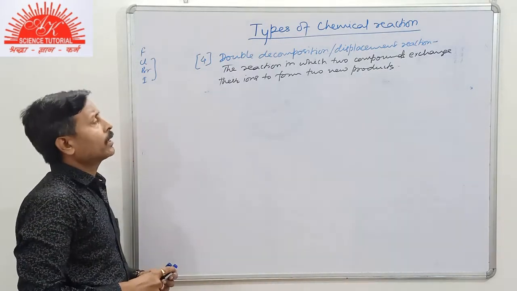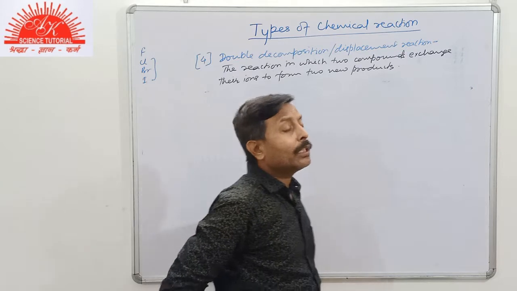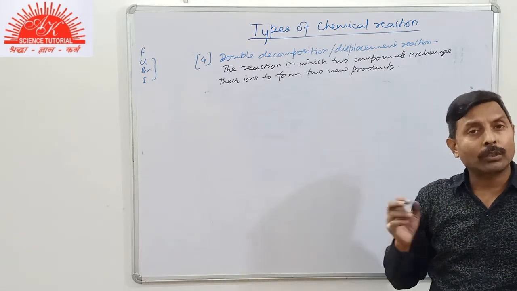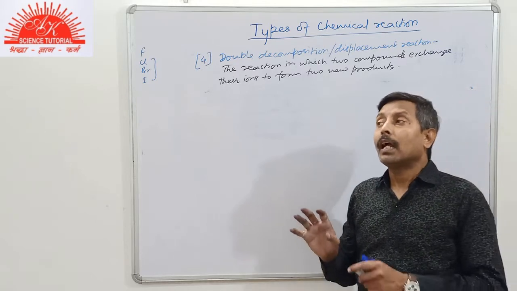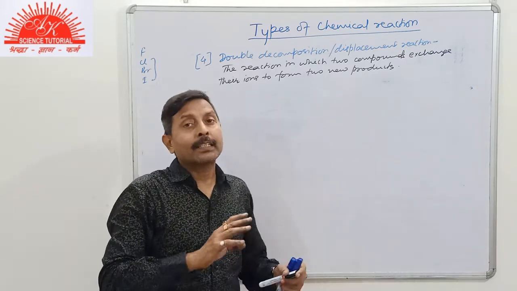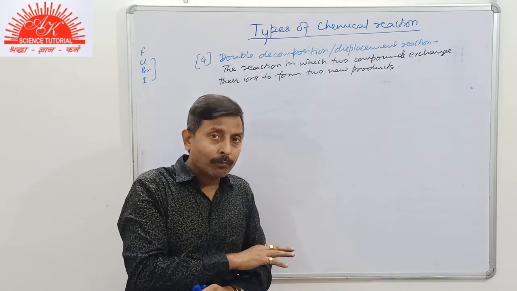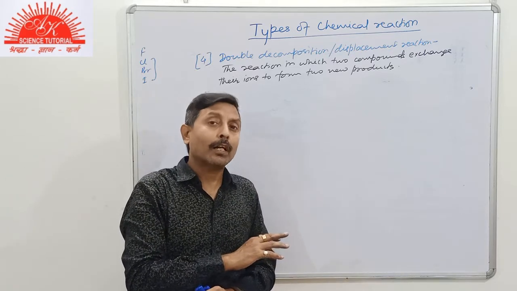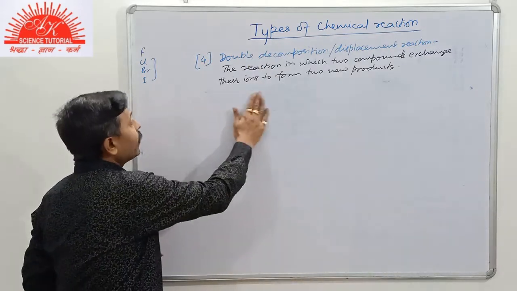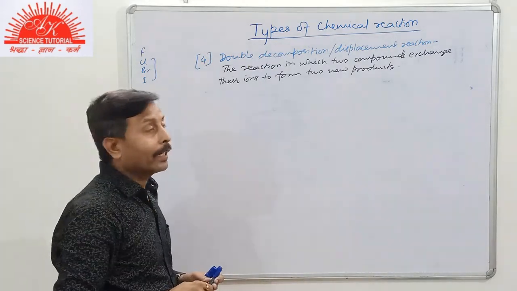Now here, students, we see that the double decomposition or double displacement reaction takes place in aqueous solution state, because the ions, the particles, are required to move freely such that they can exchange their positions, exchange their combination or place. So this usually takes place in aqueous solution state.